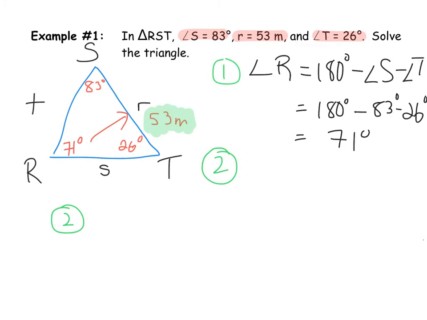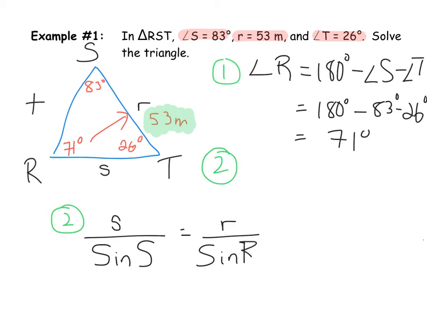So I know that side little s over the sine of angle big S is going to be equal to the side length of little r over the sine of angle big R. And that's all.